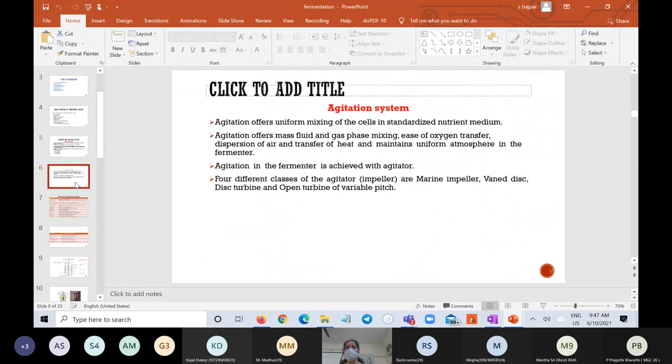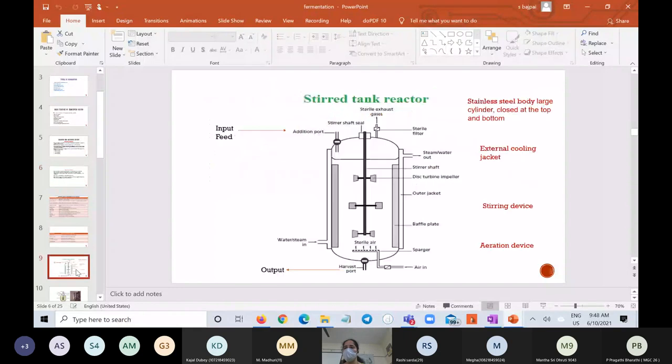Second is the agitation system. Agitation is done with the help of an impeller and agitator. This helps in continuous stirring of the media. If the continuous stirring of the fermentation media is taking place, what will happen? The yield will increase. At the optimum temperature and optimum pH, when the whole fermentation reaction is taking place with continuous stirring, the yield will always be maximum.